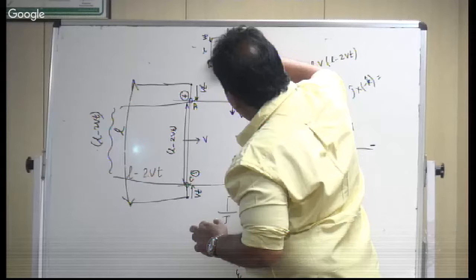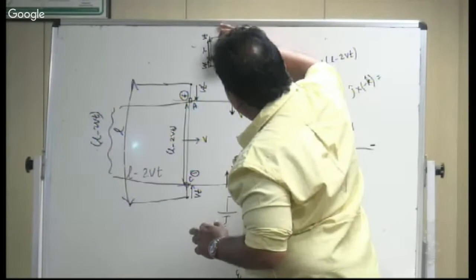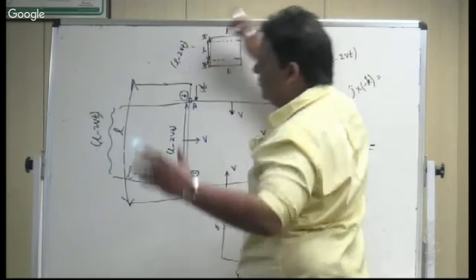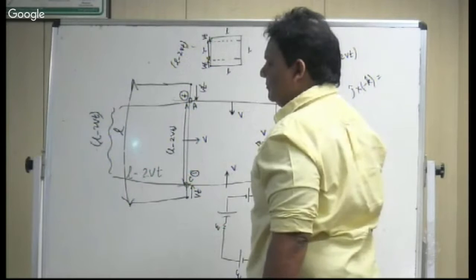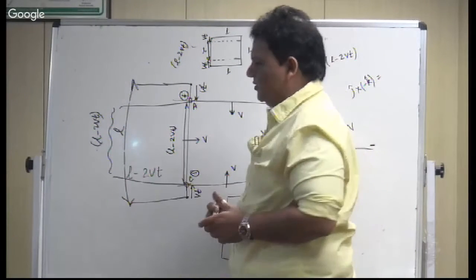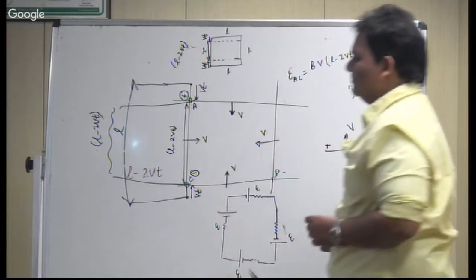In time T, yes, this rod has traveled VT. So what is this length left now? 2 VT. So you're a rock star. Good. Keep it up.